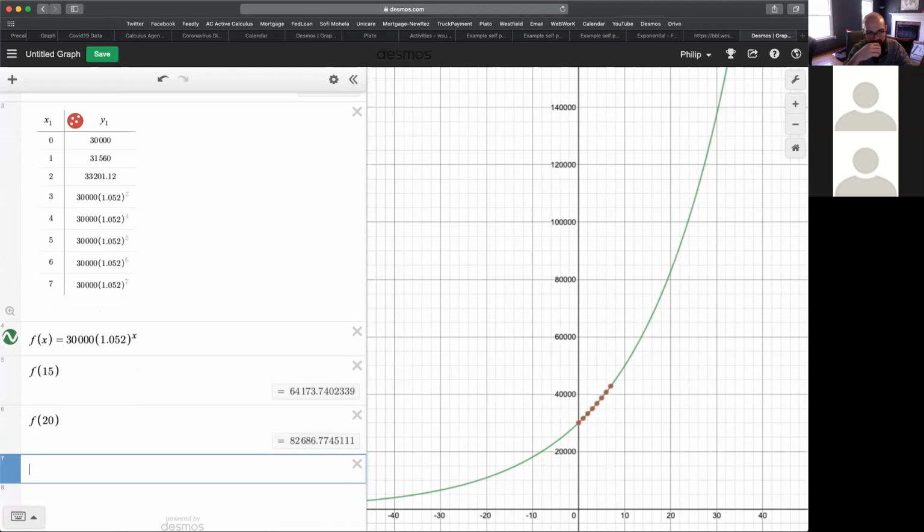So it seems like after 20 years, we would owe $80,000. I don't know about you, but there's lots of people out there that have to pay on their loans over 20 or 25 years. And so you can see this exponential growth is going to really catch up there.